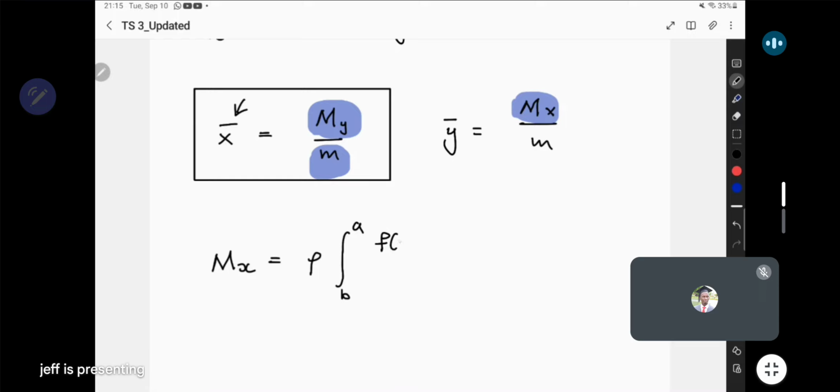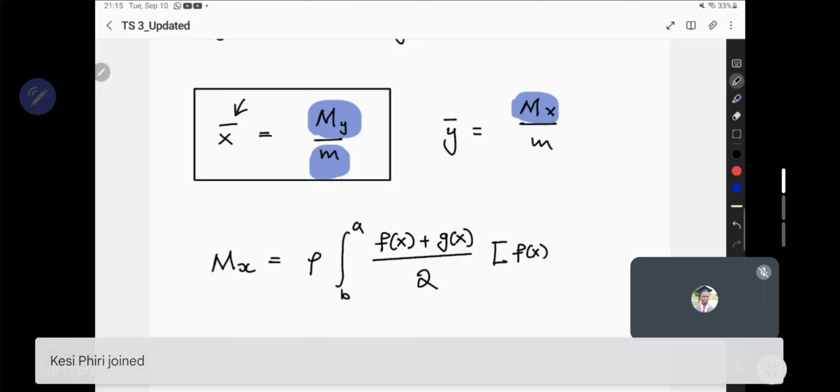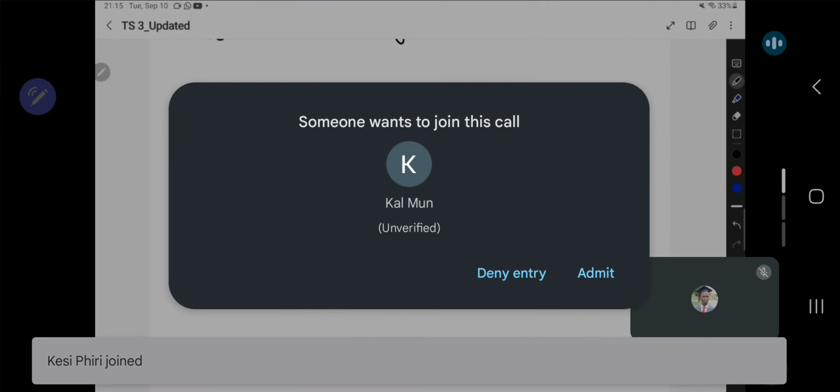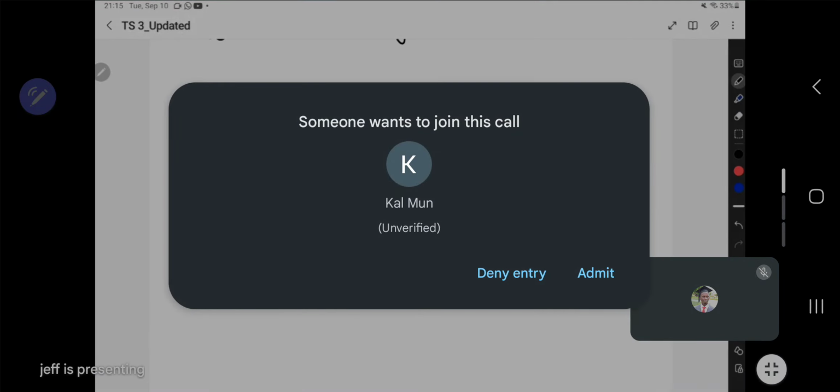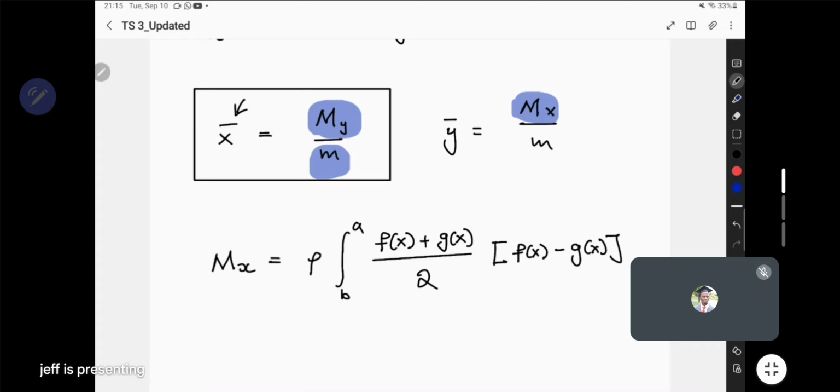And then you have the two functions, f of x, g of x. We'll see where these functions come in, and then divided by 2. And then these will multiply the difference between the two functions, so f of x minus g of x, and then with respect to x.